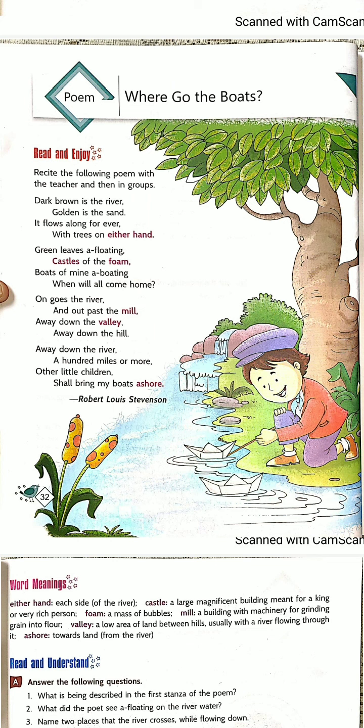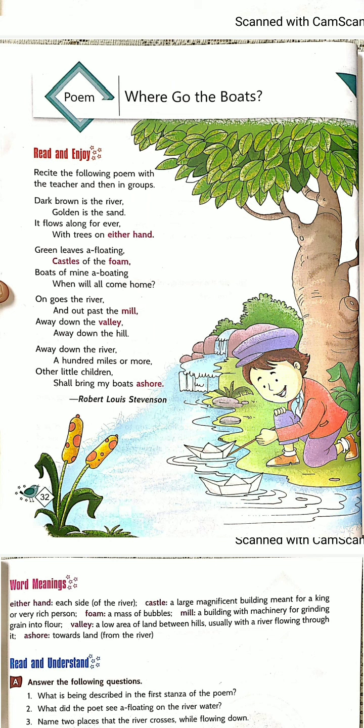Then the poet is saying that other children shall bring his boats ashore. Then other children will bring his paper boat towards land. So in this way, the poet is telling how the river flows through different parts of nature.